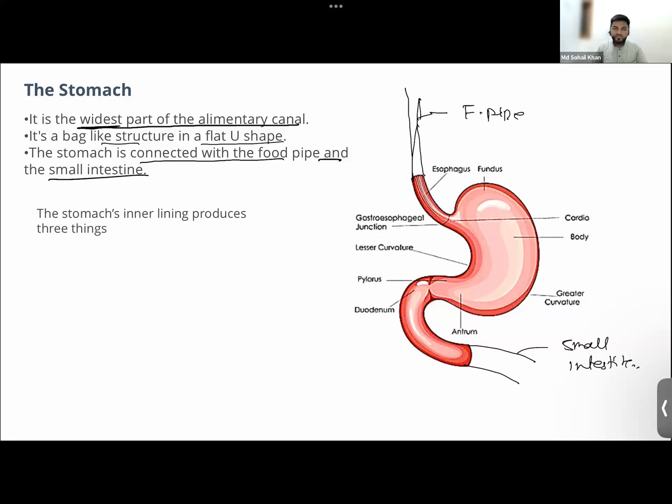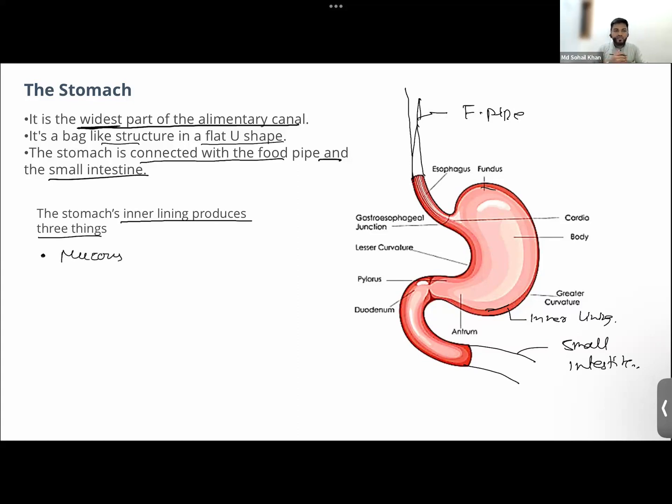Now, the stomach's inner lining produces three things. What are they? This is the inner lining we are talking about. See these inner linings. The inner lining of the stomach secretes three types of secretions. The first one is what? It is the mucus.